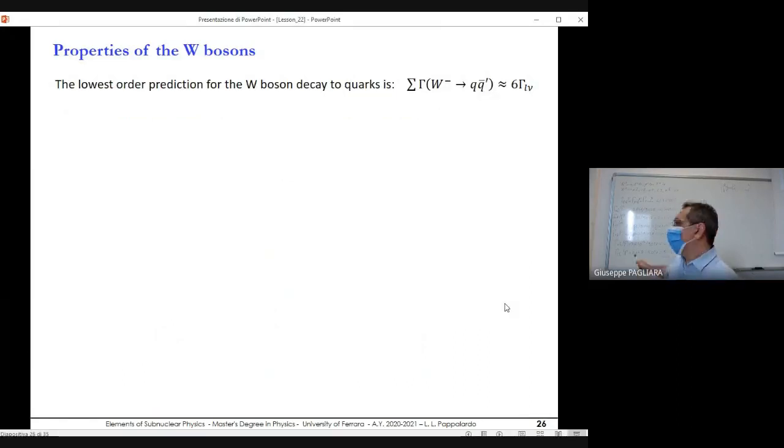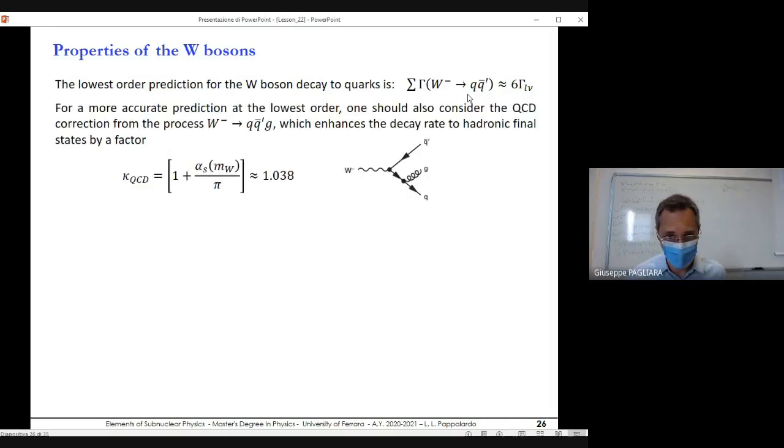If you sum up all these quark contributions here, it turns out that overall they are 6 times that of each lepton decay width. So the sum of all these right here is 6 times each of these, the electron, or the muon, or the tau decay.